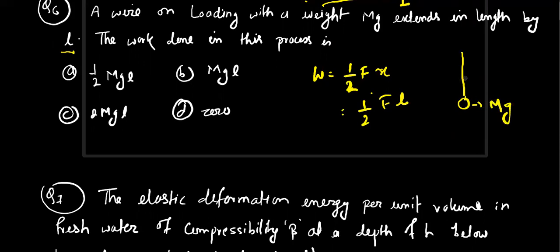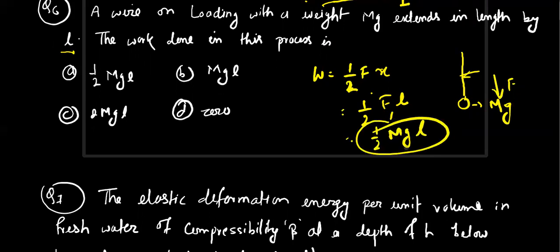That's why the tension or force applied in this particular wire is F = mg. So we can easily replace F by mg, giving 1 by 2 mgL.